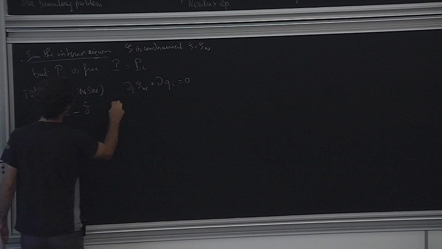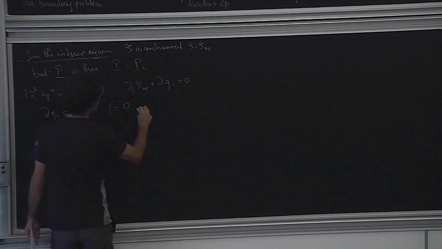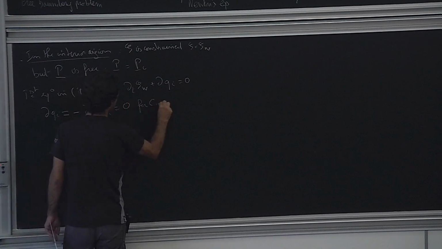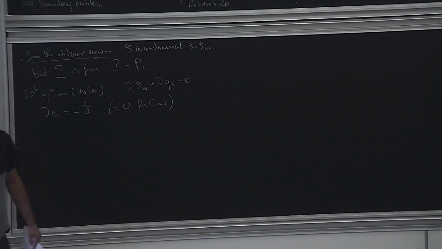In particular, this is 0 for the configuration A, because in the configuration A, delta remains equal to 0. The object is fixed.